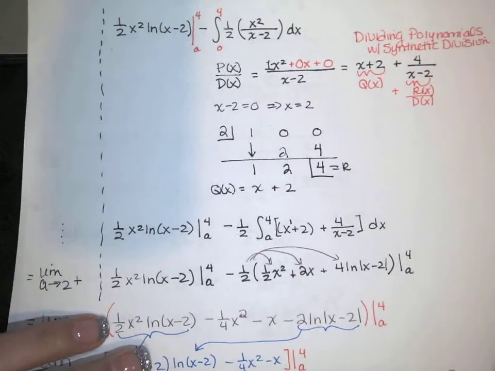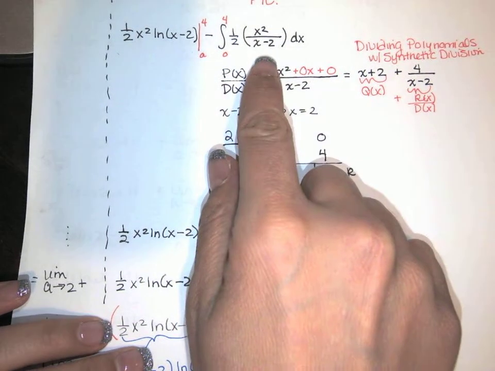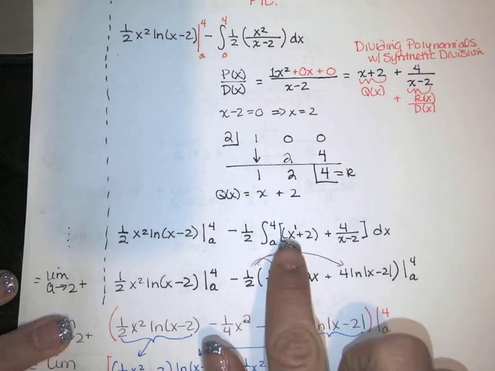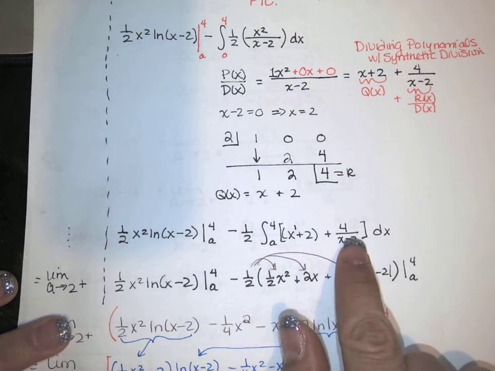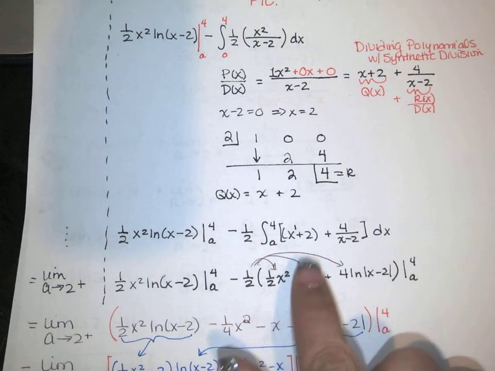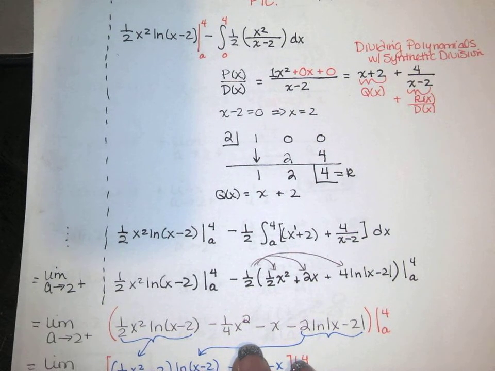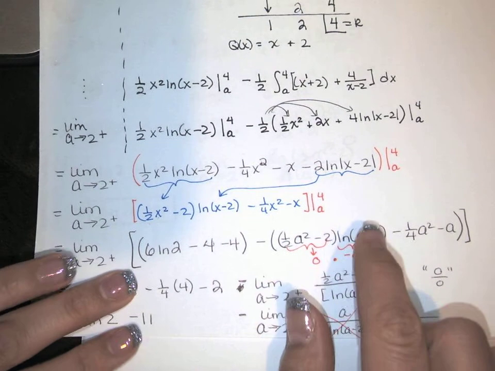Then we had to do this dividing polynomials with synthetic division so that we could anti-differentiate it. We wrote that like this. That's nice. All I have to do is anti-differentiate using a couple basic rules and a very simple u-sub. And now finally, I can do a little algebra and apply the fundamental theorem of calculus.